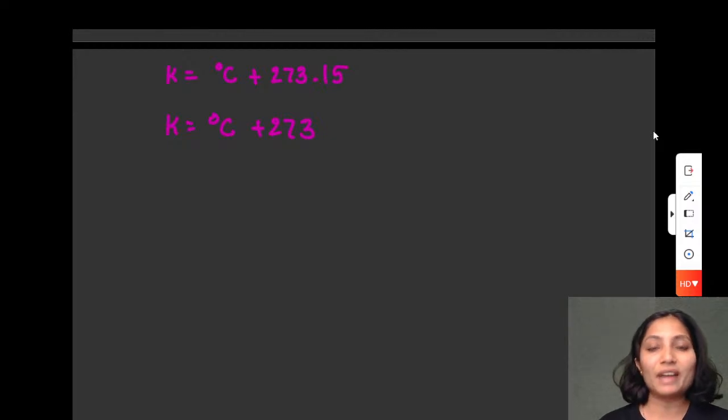Okay, so let's take one example. The temperature given is 25 degrees Celsius, and you have to convert this into Kelvin scale.